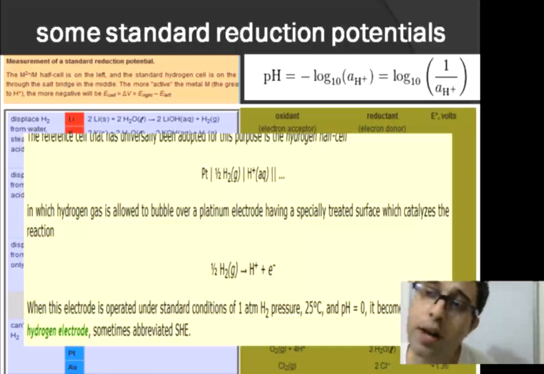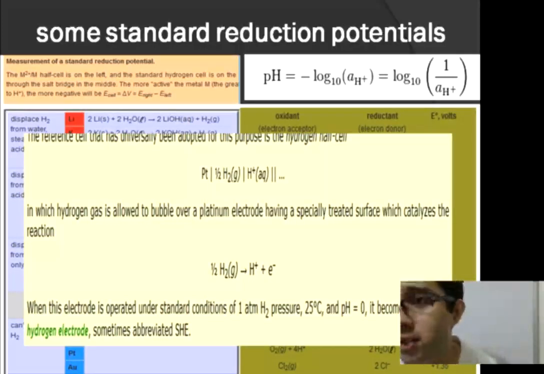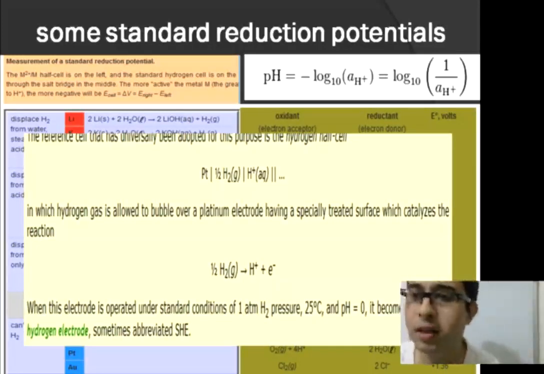Similarly, if I combine sodium with respect to hydrogen, the cell reaction will show minus 2.71. Okay, that's what it means. So if I combine sodium and copper, hydrogen cancels out because it is a reference. We subtract the E left from the E right to get the overall EMF of the cell, right?